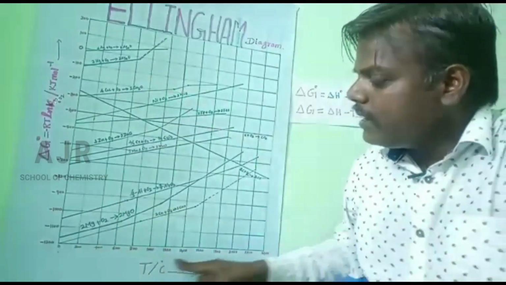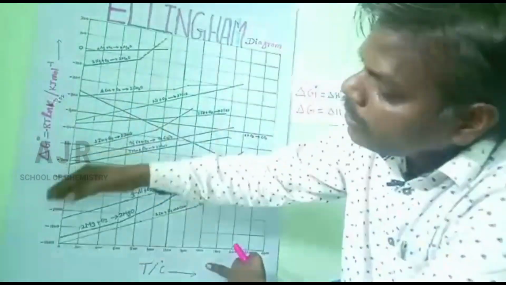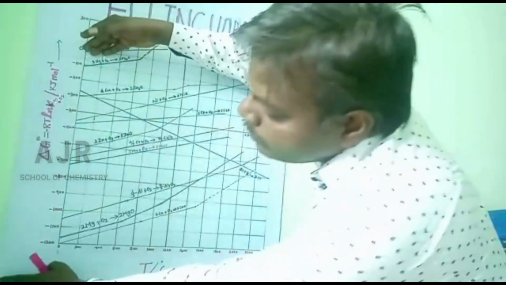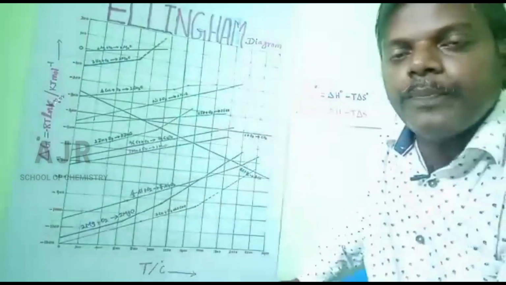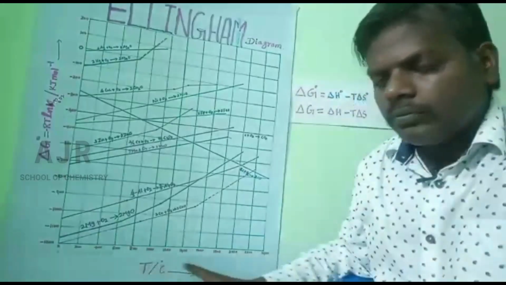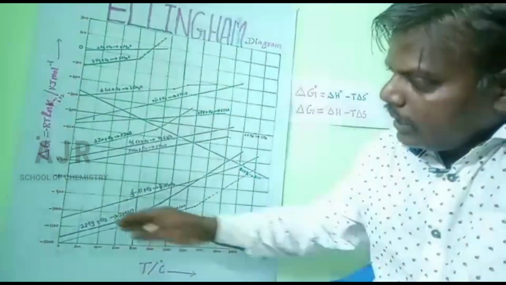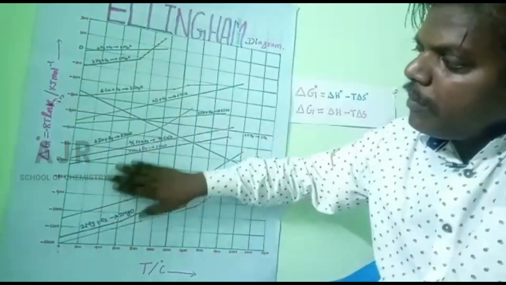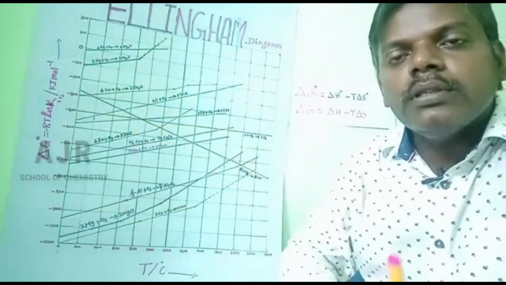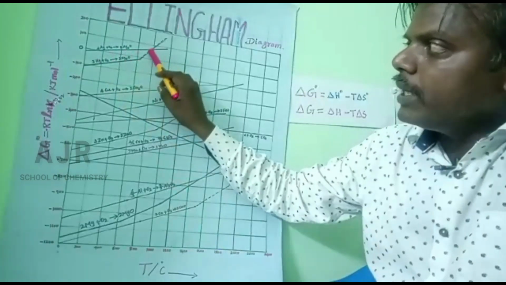This is your more negative value going in this way, and if you move upward, it becomes less negative and even becomes 0 and then positive. So as the temperature increases, the delta G0 value for the formation of metal oxide becomes less negative and becomes 0 at a particular temperature.